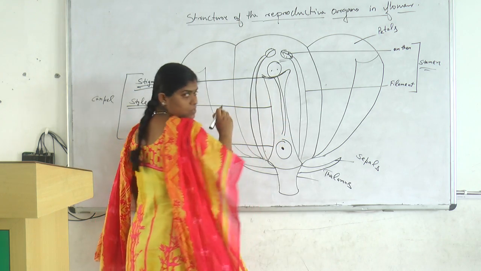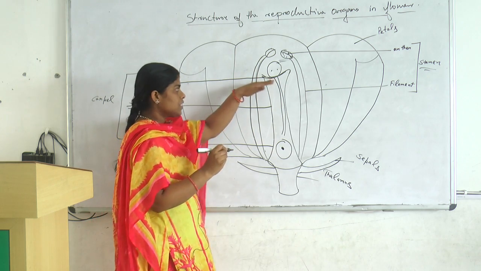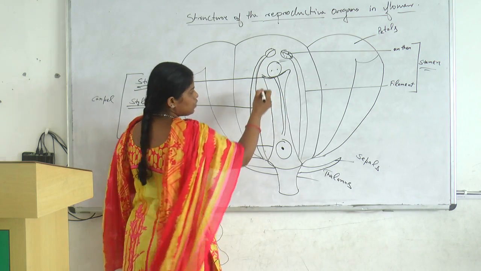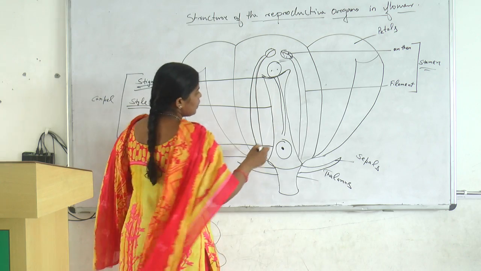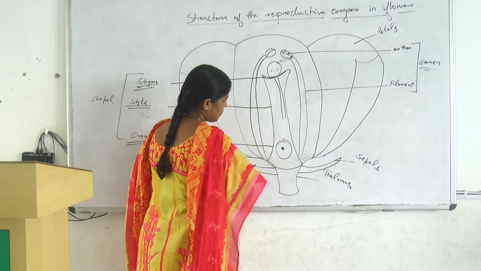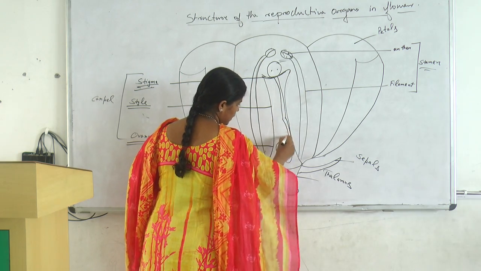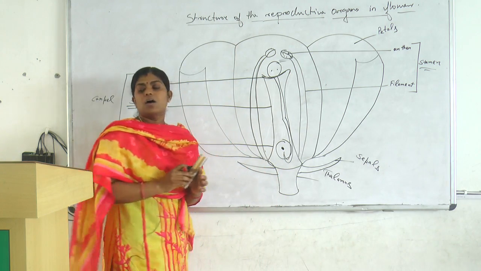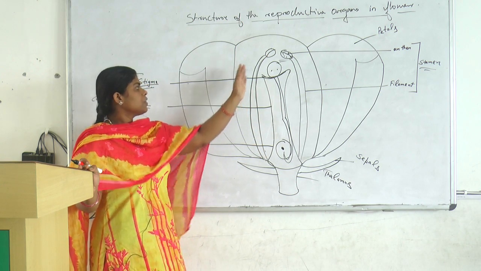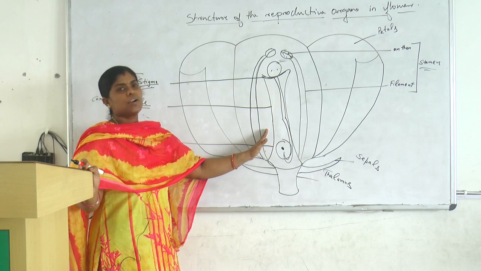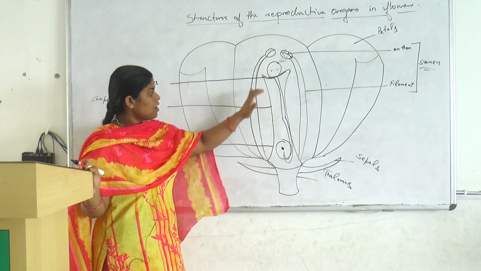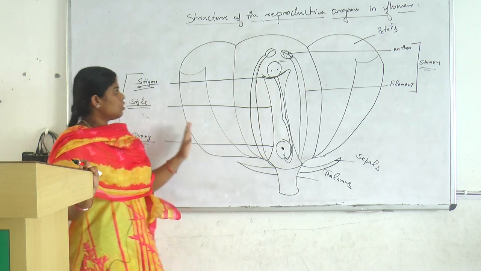So this distant part is known as the stigma, where the pollen grains land, and this tube-like portion is known as the style, through which the pollen tubes grow. It comes into the ovary and finally gets inside the ovary, and fuses with the female gamete. All these things come after pollination. Anyway, this is the structure of the female reproductive organ of the flower: stigma, style and ovary. Hope it's clear for you.